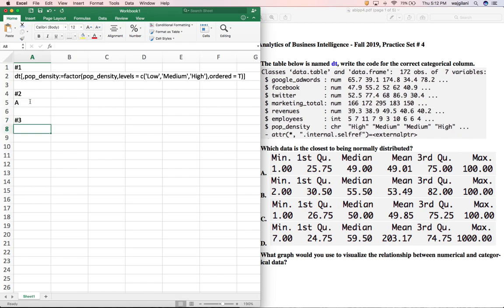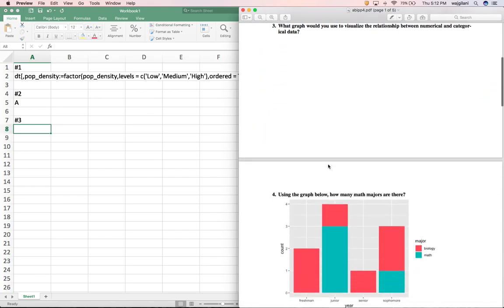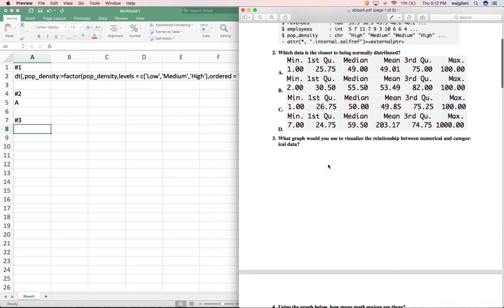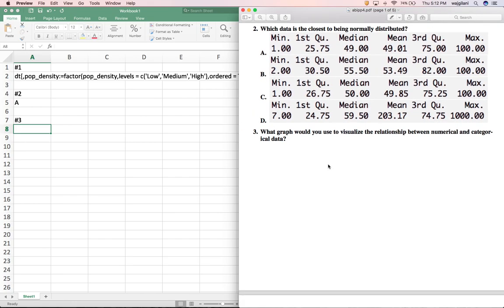All right, number 3. Oh, here I got a little ripped off a little bit, but okay. So which graph would you use to visualize between the numerical and categorical data? Yes, people. What graph would you use if you want to visually compare the relationship between a numerical and categorical data?